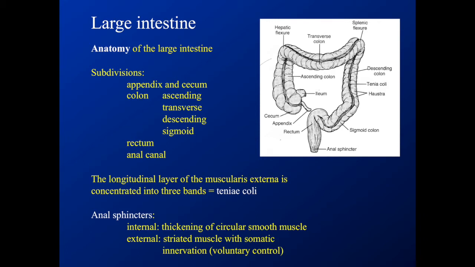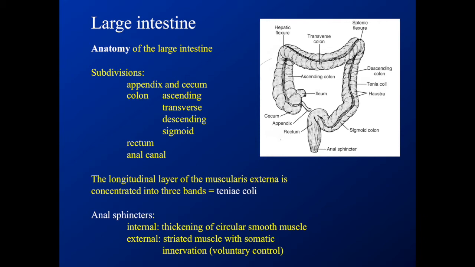Interesting to point out that the muscularis externa is concentrated into three bands that are collectively known as the taenia coli, and this runs down the entire length of it. The contractions of this layer tend to pull the colon into what are known as haustra, which are sectioned bands that are characteristic of the colon.